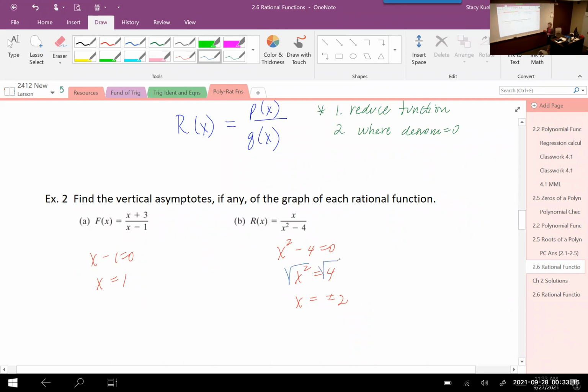So now I have two vertical asymptotes. One is at x is equal to positive 2, and one is at x is equal to negative 2. The domain is 2 and negative 2 are not allowed, but everything else is allowed, right?